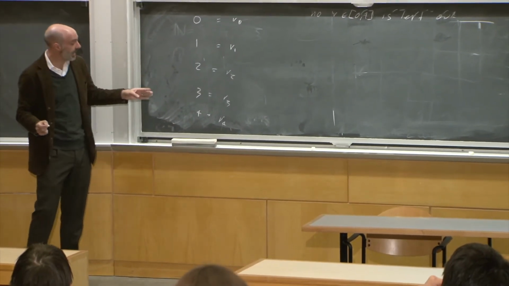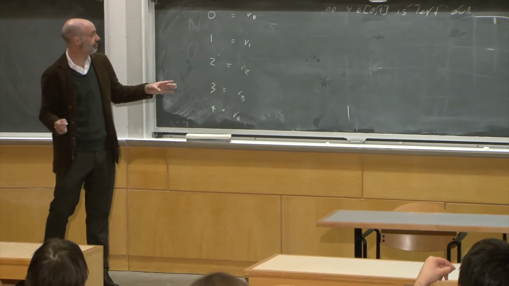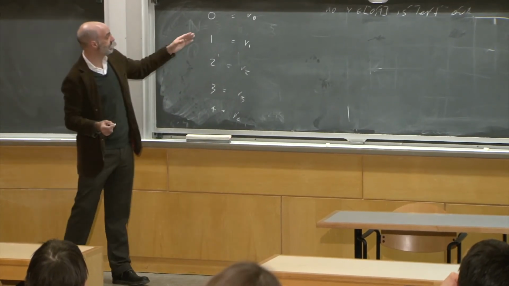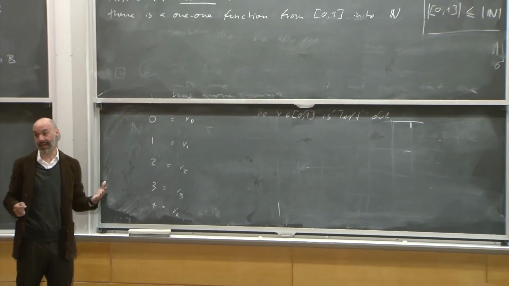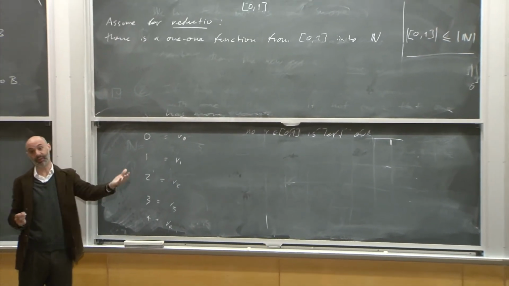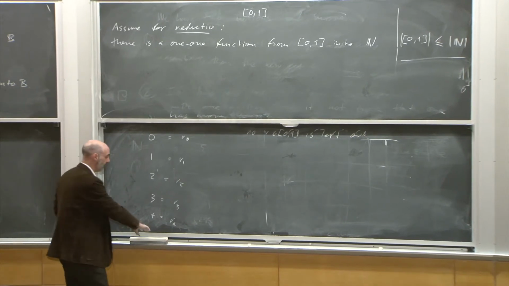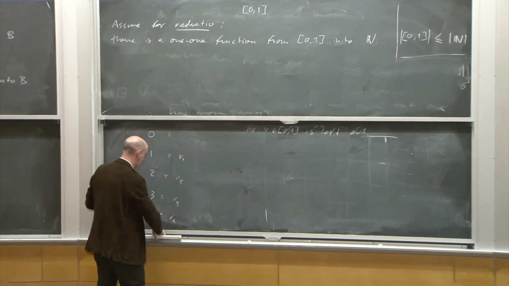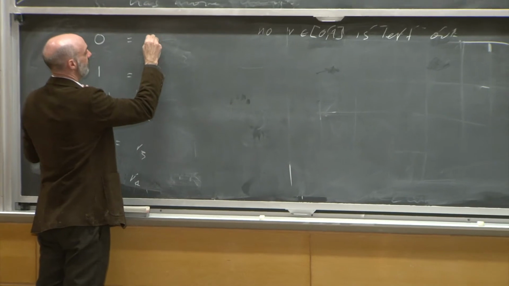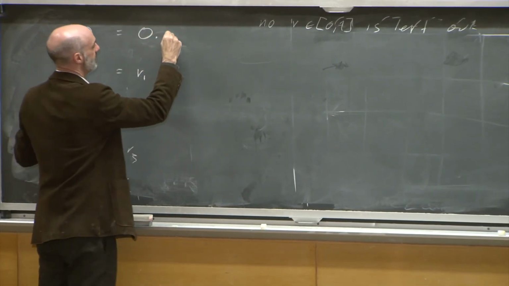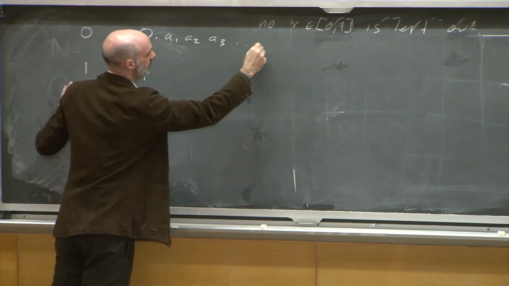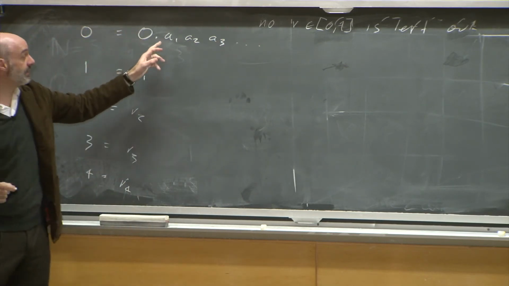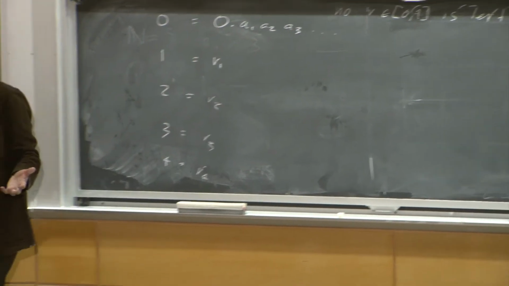So the first observation en route to our contradiction is that the real numbers in 0, 1 can all be written out using decimal expansion. So we can write each of them out as something of the form 0.A1, A2, A3, blah, blah, blah, where each of these is just a digit between 0 and 9.